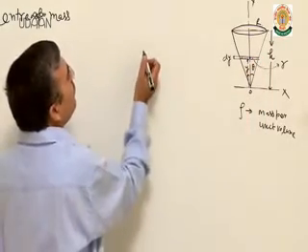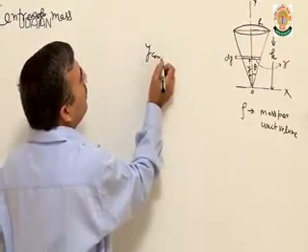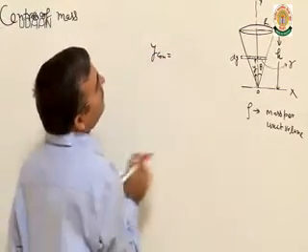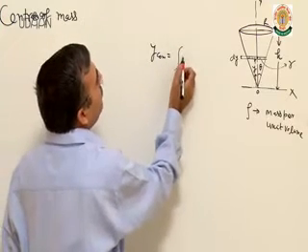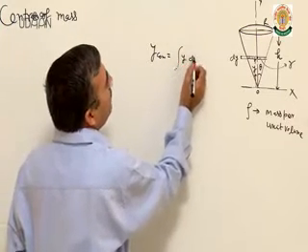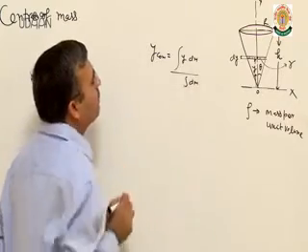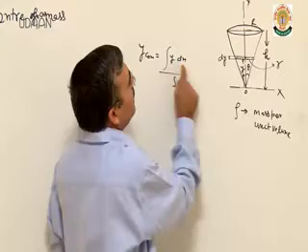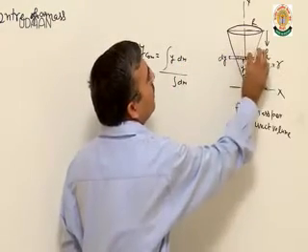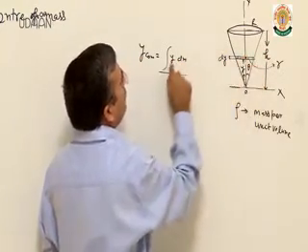Now, y coordinate of the center of mass of the whole body will be equal to integration y dm divided by integration dm. y is the coordinate of center mass of the element, a very small disc, elementary disc. Its center mass is y.